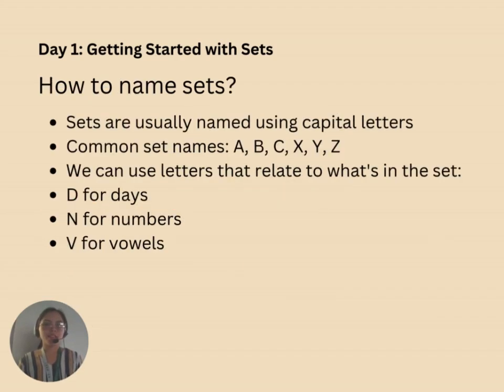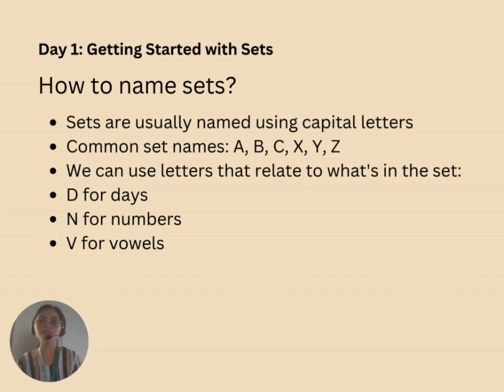So how to name sets? When mathematicians work with sets, they like to keep things simple by giving sets names. We usually use capital letters. Sometimes we use letters that make sense with what is in the set, like D for days, N for numbers, V for vowels.